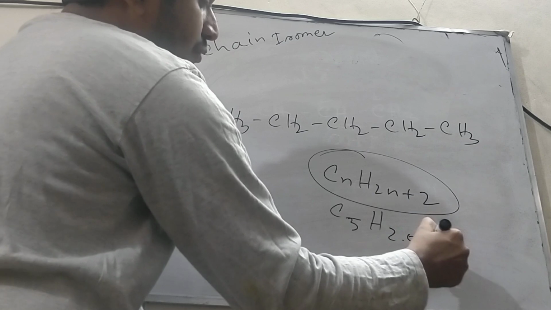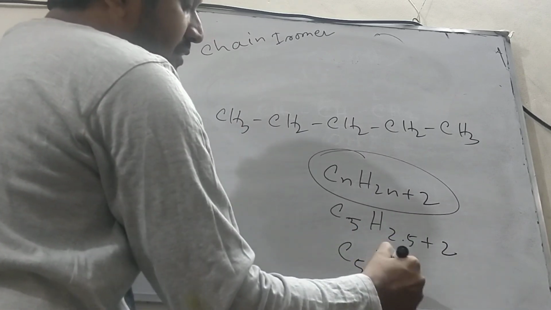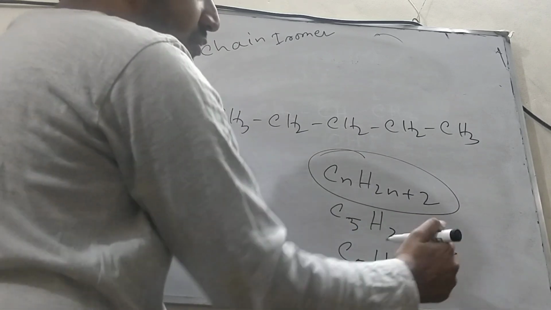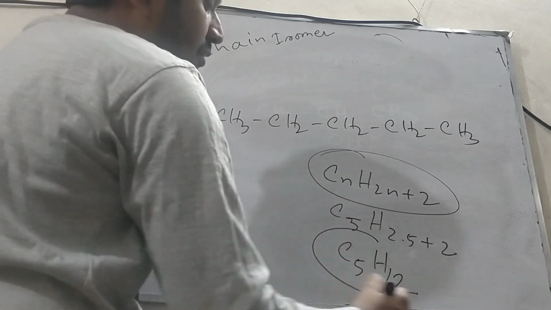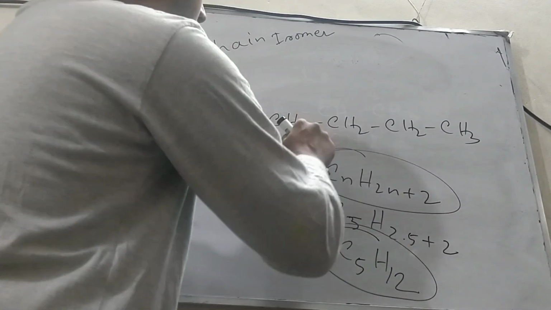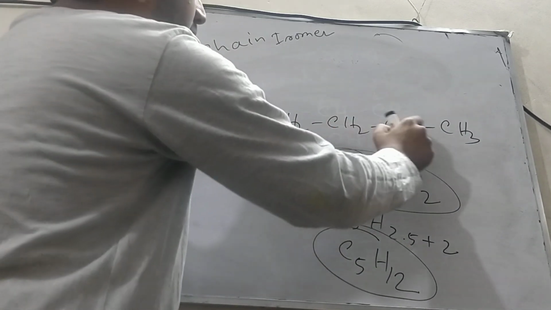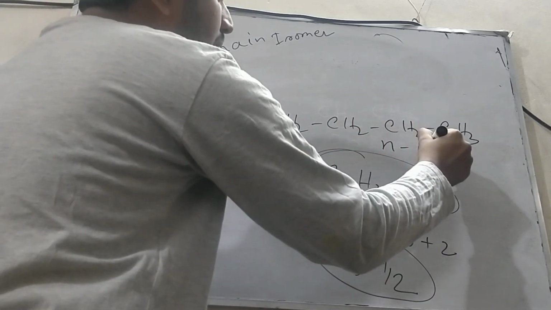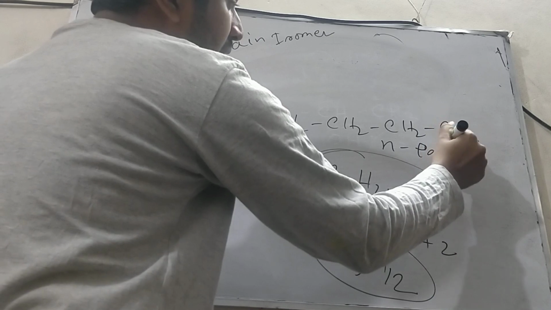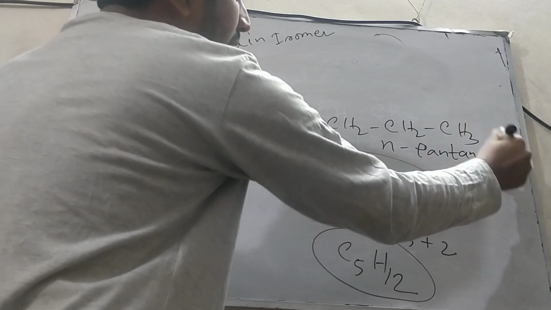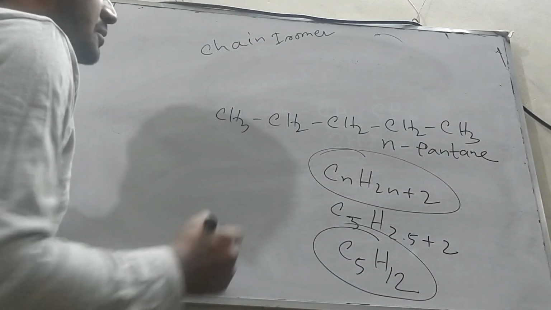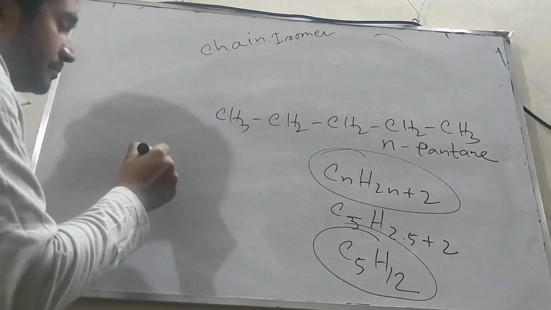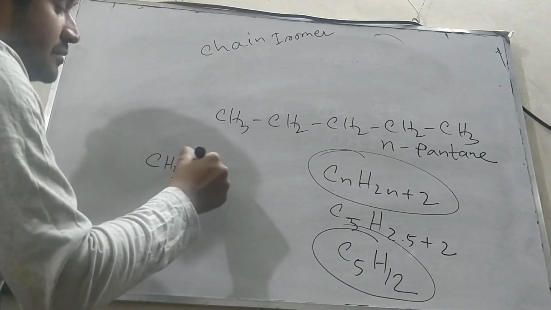C5H2 into 5 plus 2. So C5H, 2 times 5 is 10, 10 plus 2, that is 12. So it should be said pentane. And since there is a simple chain, that's why it should be said n-pentane.